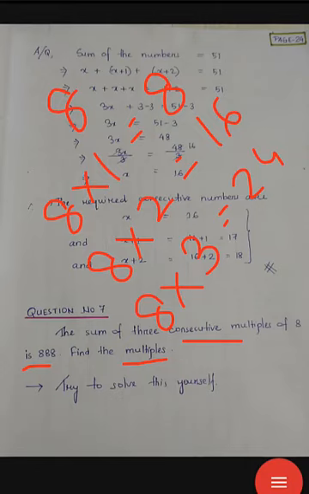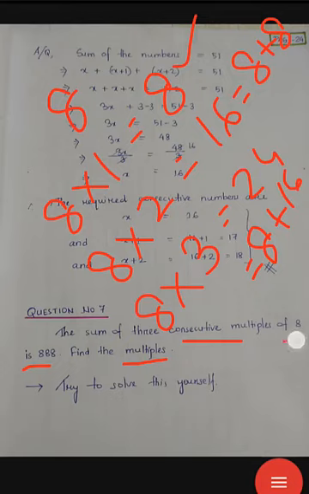Now this is 8, okay. Here this term can be written as 8 plus 8. Similarly, 24 can be written as 8 plus 16. So till now we do not know what are the multiples of 8. What is the first multiple of 8? That is not mentioned here, that is not asked also. So let us consider this first multiple of 8 as x.